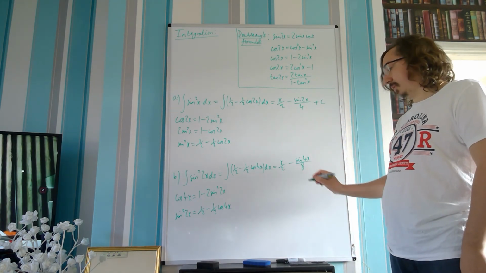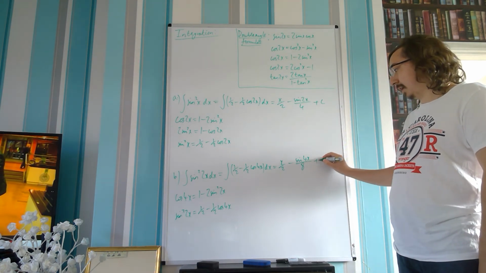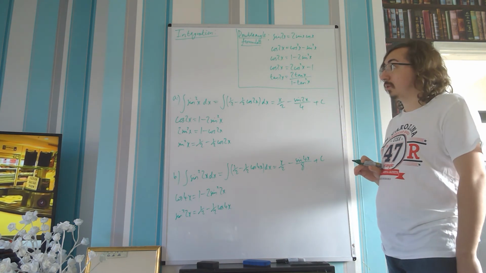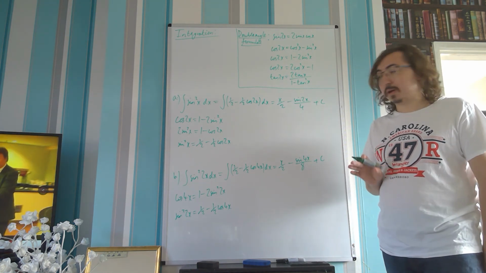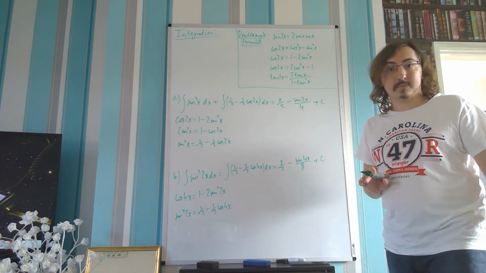So really 2 times 4, we're dividing by 8. And just like the last one, we can't forget our constant of integration at the end, so we need our plus c. And that is how you integrate sine squared x with respect to x and sine squared 2x with respect to x.